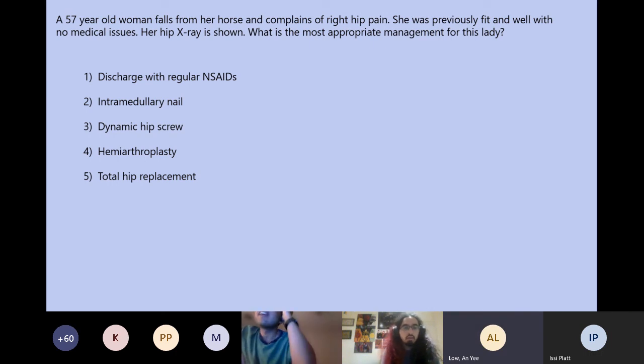Right. So it was an extracapsular fracture, and it was subtrochanteric. So subtrochanteric was the lowest level of fracture.